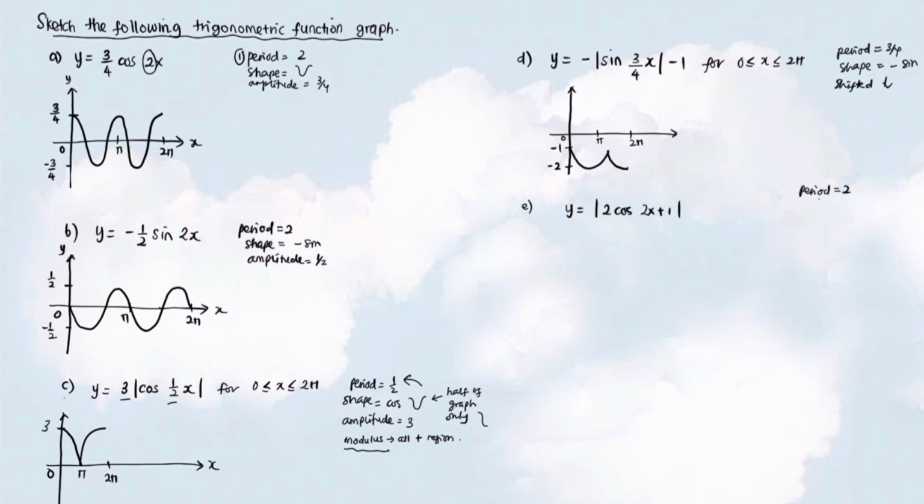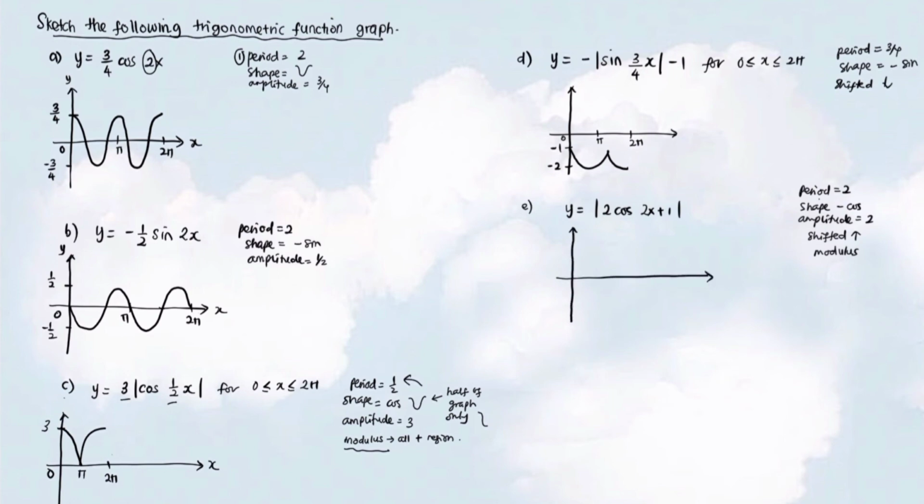So period is equal to 2. Shape is cos x. Amplitude is equal to 2. Shift upwards. Modulus means positive area only.